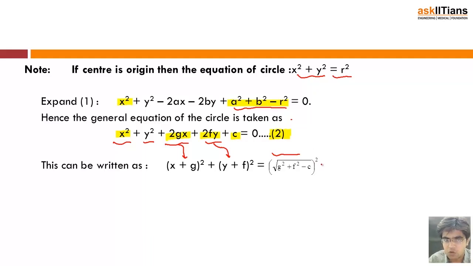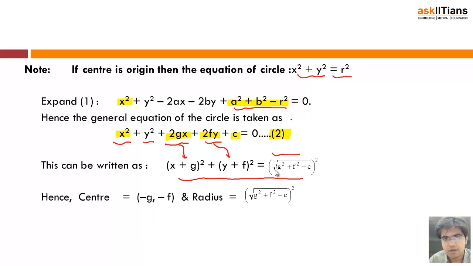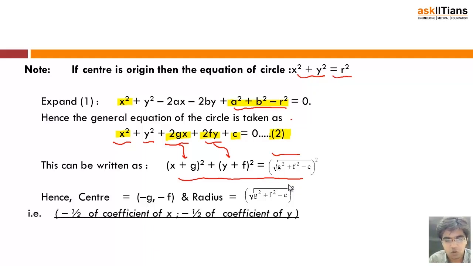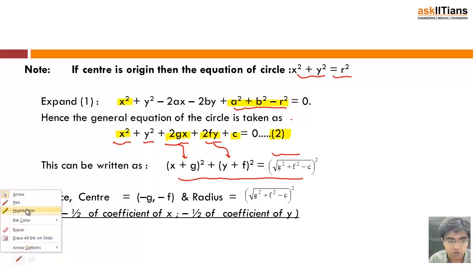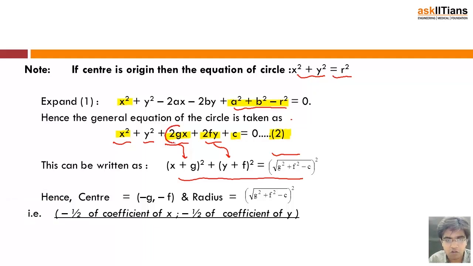If you compare this equation with your equation number 1, you will find that the center coordinates are minus g comma minus f, and the radius is square root of g square plus f square minus c. So if you compare it with our general equation, you will find that half of the negative of the coefficient of x and half of the negative of the coefficient of y is your center.